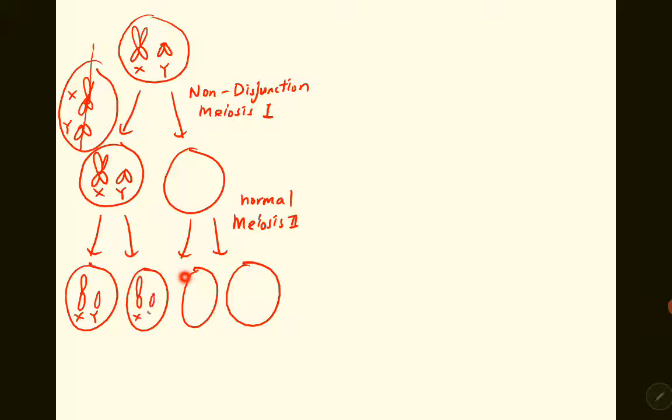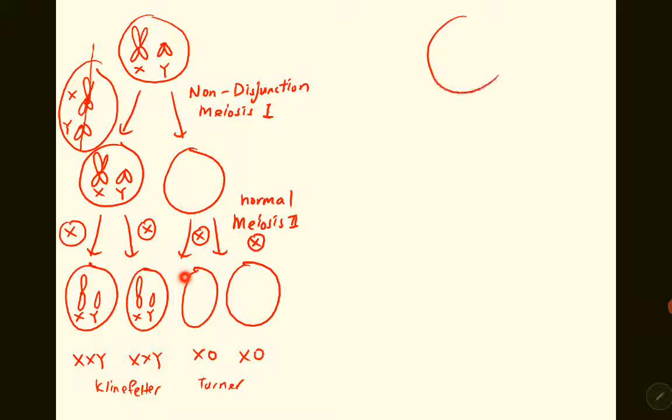So when this XY fertilizes with the normal ovum X, it becomes XXY. So this is called Klinefelter syndrome. Later we will learn what the symptoms are for this Klinefelter patient. While this O fertilizes with the X, it becomes XO. So XO is called Turner syndrome.